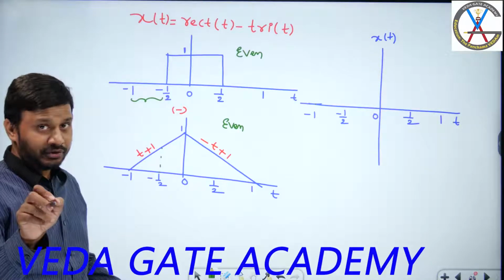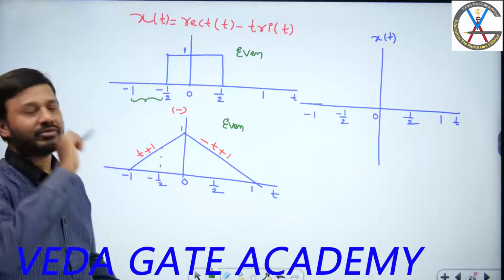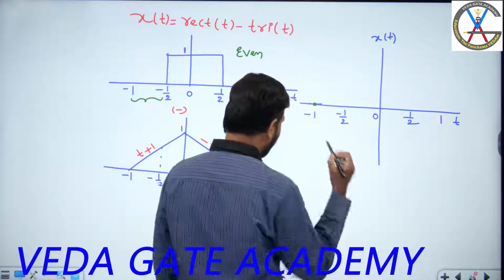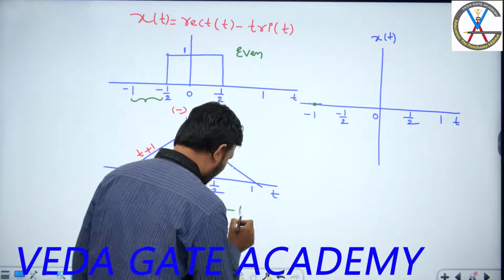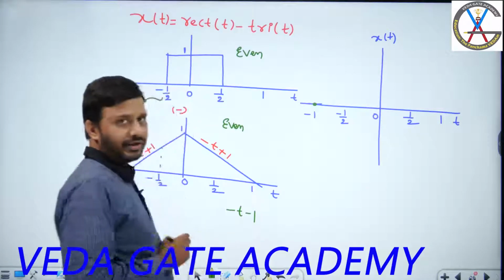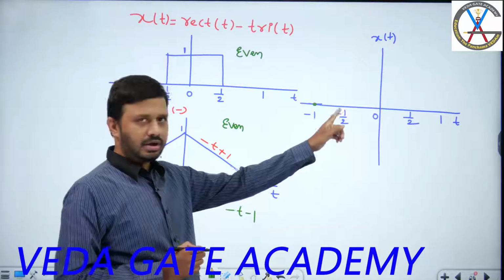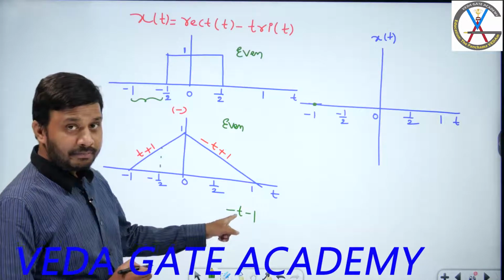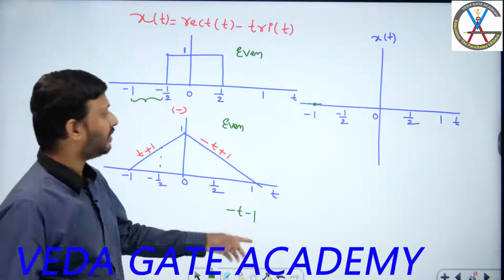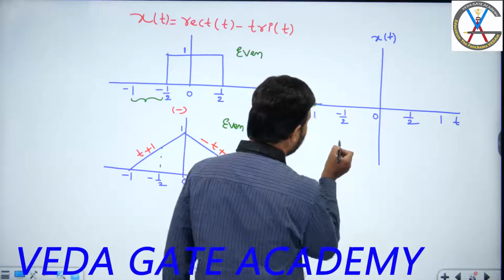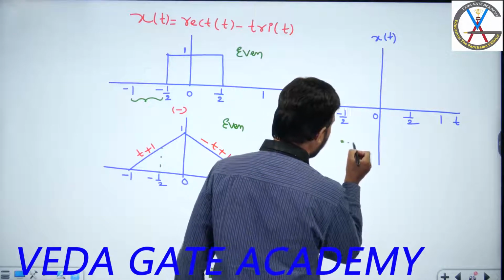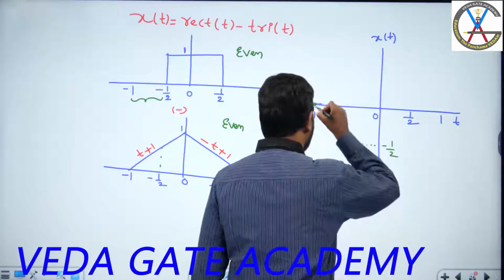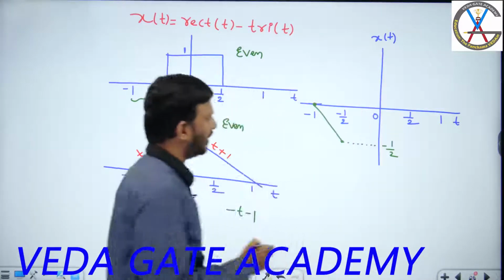If I substitute minus 1, it becomes 0. What happens if I substitute minus 1 by 2? Minus of minus 1 by 2 plus 1, minus 1, gives minus 1 by 2. Minus 1 by 2 means here. Draw the line.